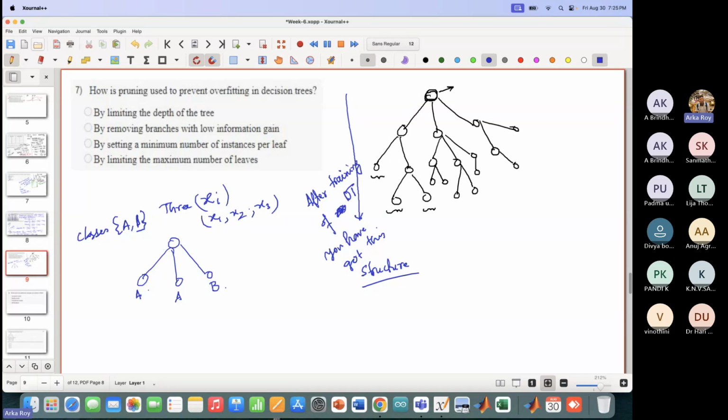Over here, you can see that this particular node and this particular node both do the classification in favor of class A. And this one solely does the classification for class B. Out of these two, you can choose any one of them, because both of them are doing classification in favor of class A. So that means one of them must be redundant, which is not that much required.